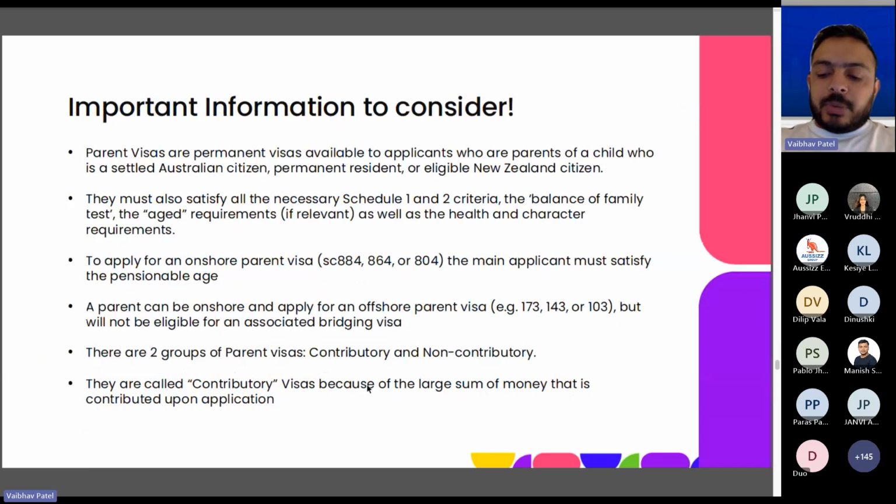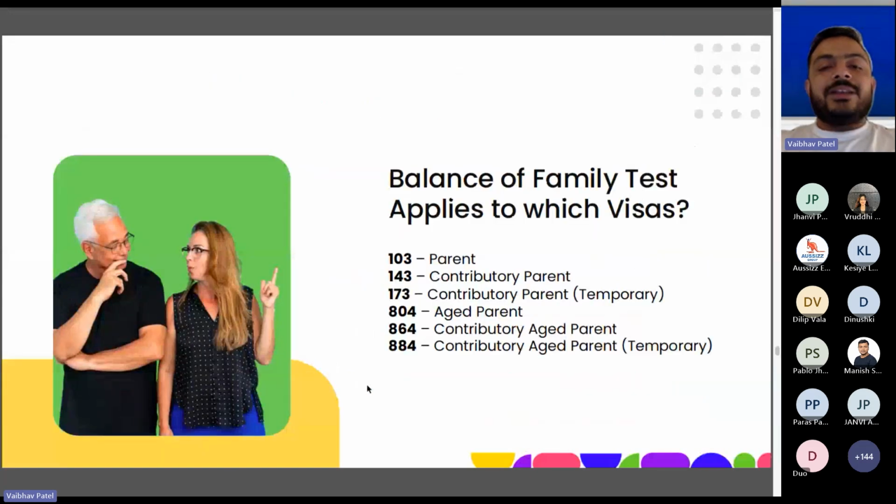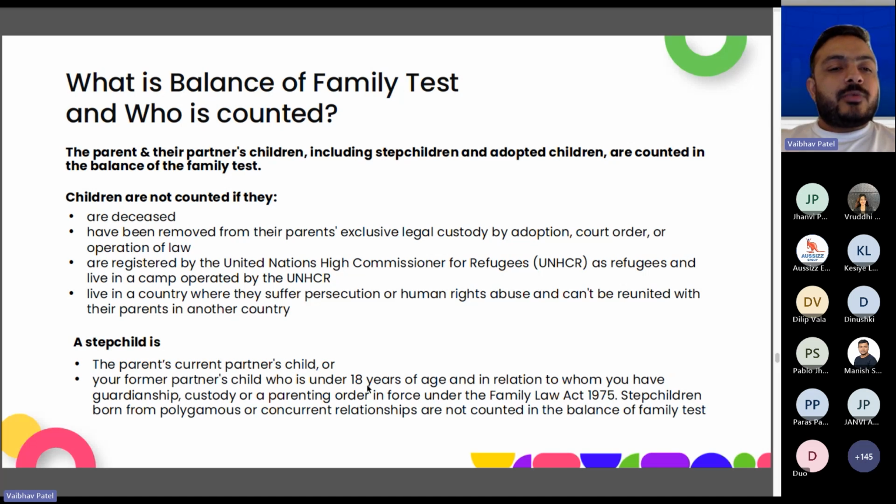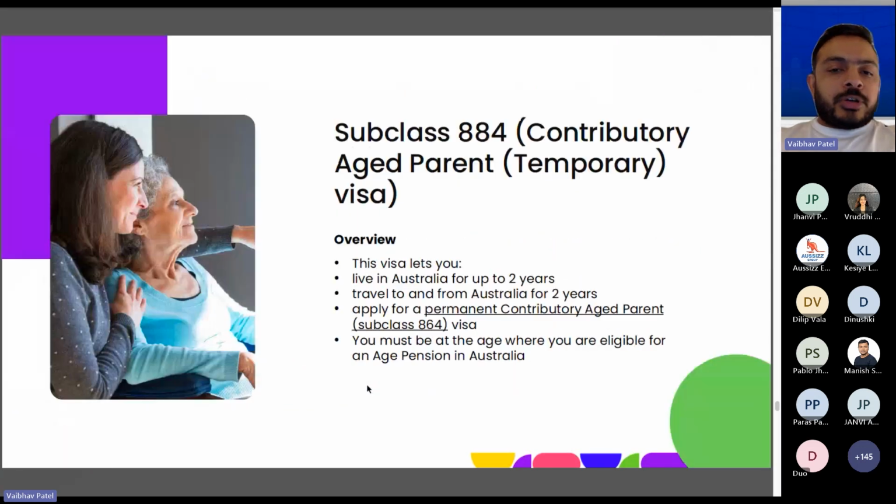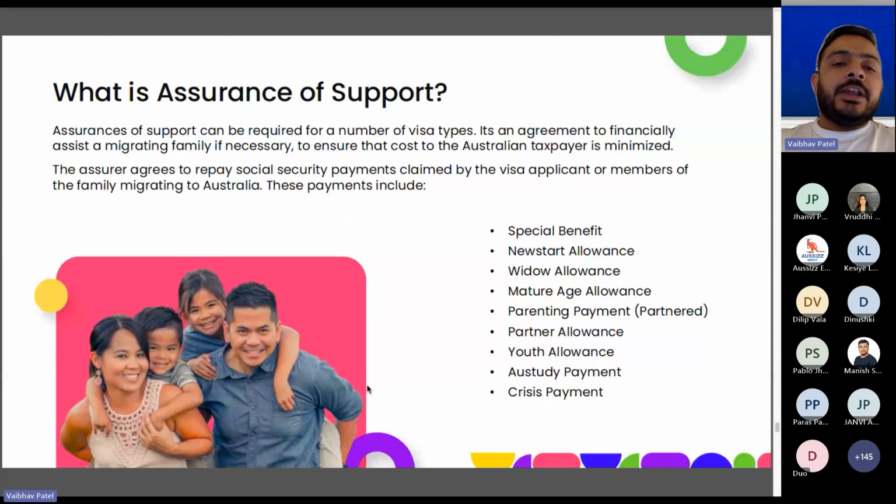In all the parent visas, the applicant needs to meet the family balance test. That means your parent must have at least 50% of the kids living in Australia on a permanent visa or either a citizen. I've already covered all these visas in detail. And as a part of your parent visa application, you need an assurance of support.